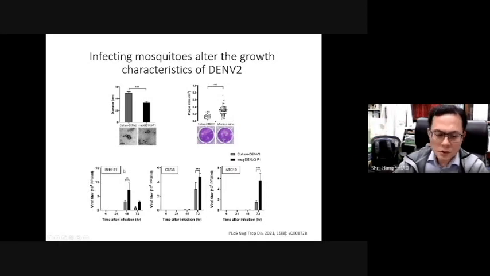So this result indicates that the infected mosquito changes the growth characteristics of dengue virus. This change is shown in its particle size, plaque size and growth rate, which combined may have the effect of a greater hemorrhage-inducing potential in the mammalian host.